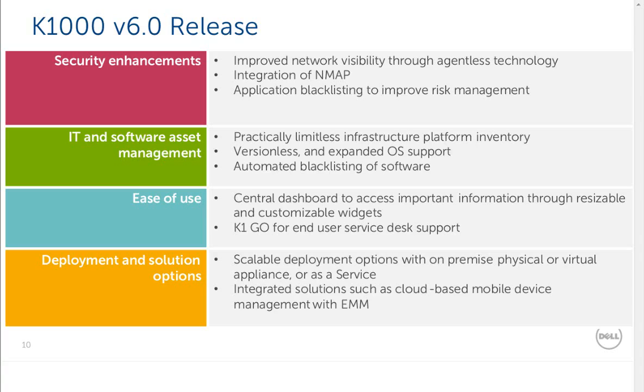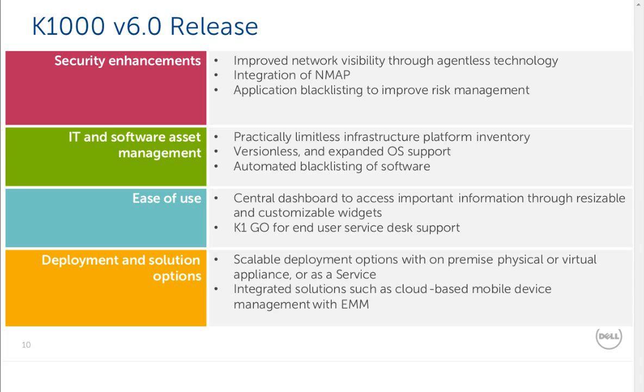In addition, we have also announced K1 Go, the second iteration. If you do not have that, it is the mobile app of K1000. There is an IT administrator interface as well as an end user interface to that now. And then we have our new deployment and solution options. Again, the K1000 is now the baseline for the enterprise mobility management solution.